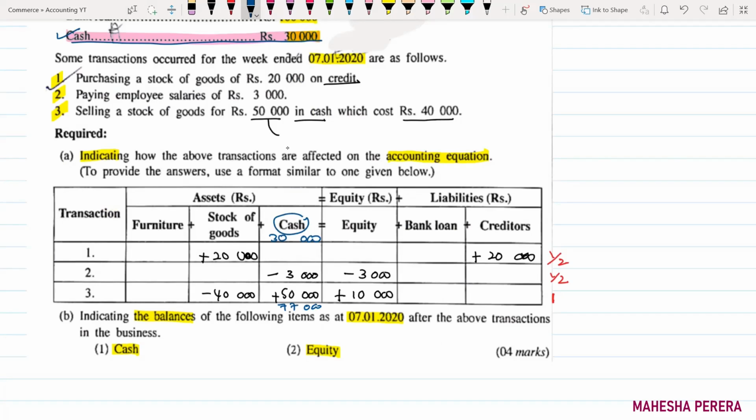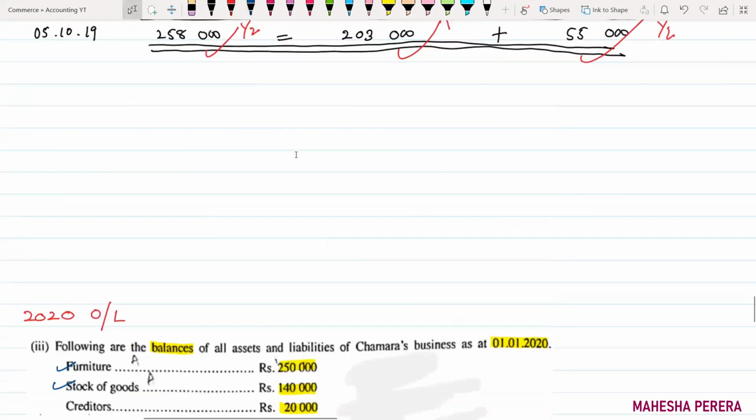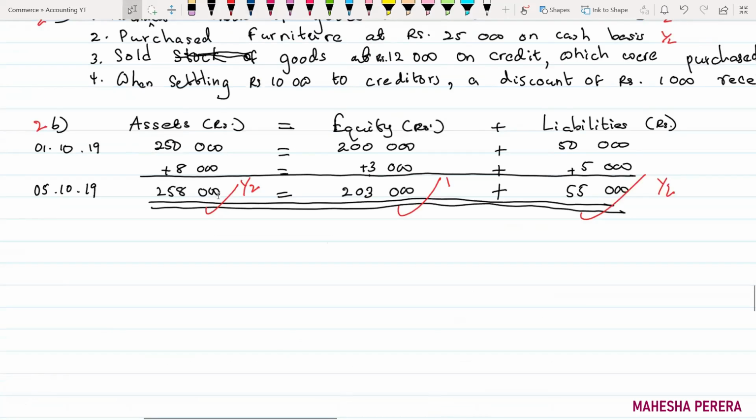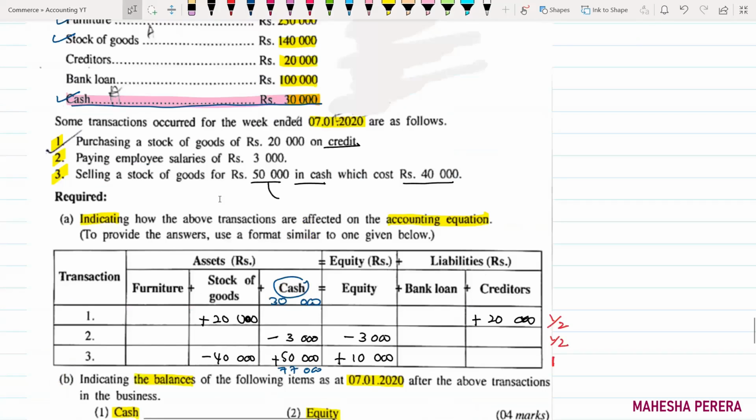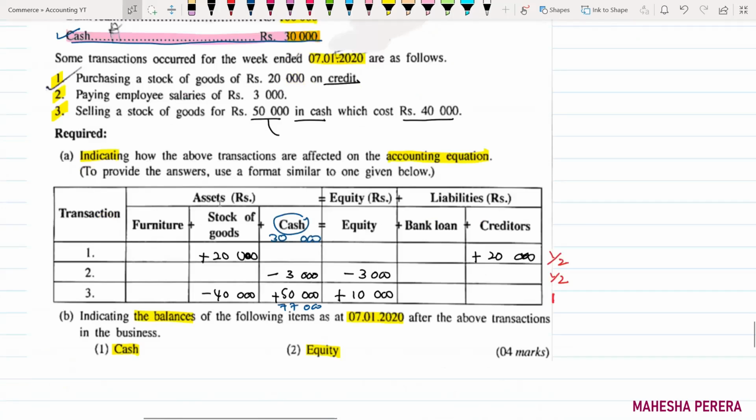27 plus 50 should be 77,000 rupees. Right? Now, when you write your answer, you can write the answer like in the previous question. Can you remember? Like this way. Or you can just straight away write the answer. Now, here I'm going to write the answer straight away. Cash value equals how much?